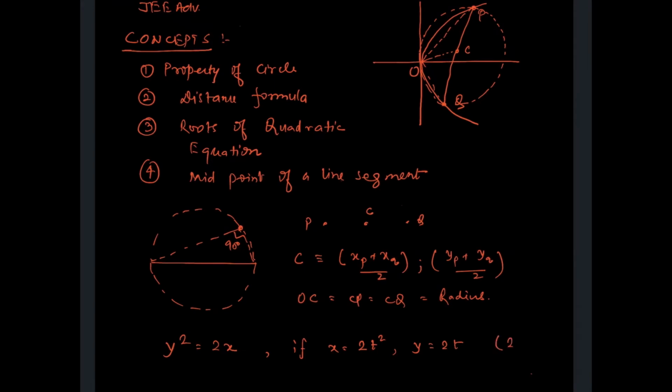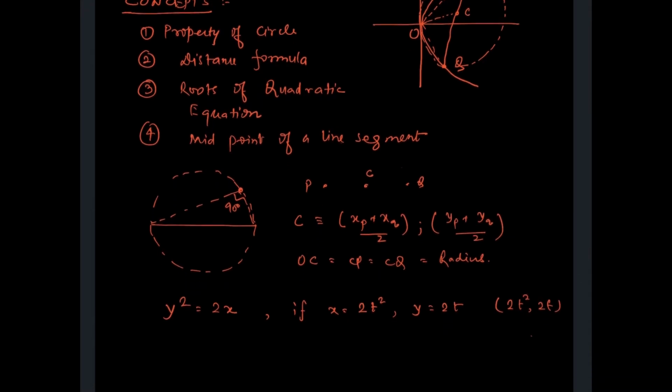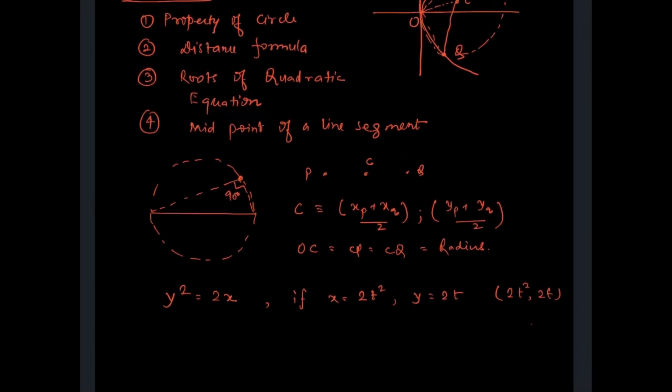So a point on the parabola is (2t square, 2t). That means the parametric form of a point. So I can write point P as (2p square, 2p), and point Q as (2q square, 2q).